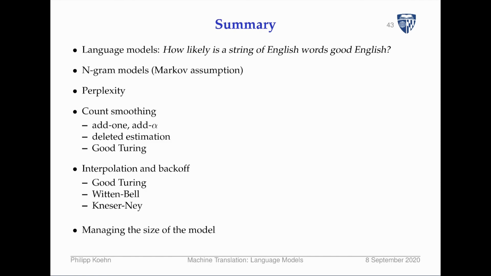We framed this problem as n-gram language models, using the Markov assumption to reduce the size of the history, then looked at evaluation in terms of perplexity, went through various methods in quite some detail, and at the end looked at managing the size of the model.